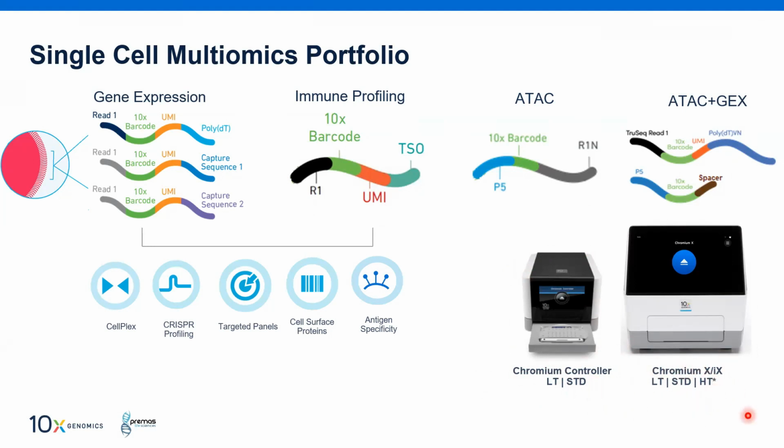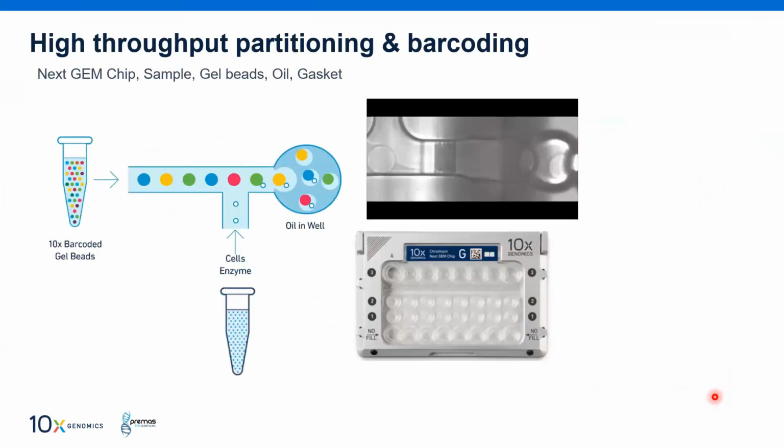So Chromium X is going to support the HT kits, and iX needs to be upgraded so that it can do HT kits. Now, this slide will give you an idea about what exactly we have to do to convert cells into libraries or sequencing libraries.